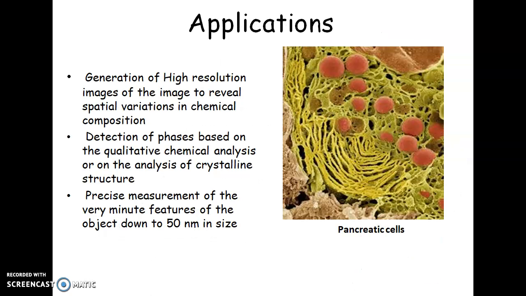Then what about the application of SEM analysis? This is an SEM analysis of pancreatic cells. Pancreatic cells are cells concerned with producing insulin, glucagon, etc. One application is that it is generally used for producing high resolution images to reveal the spatial variations in chemical composition; how different parts of a particular object differ in their chemical composition, we will get by producing high resolution images by SEM.